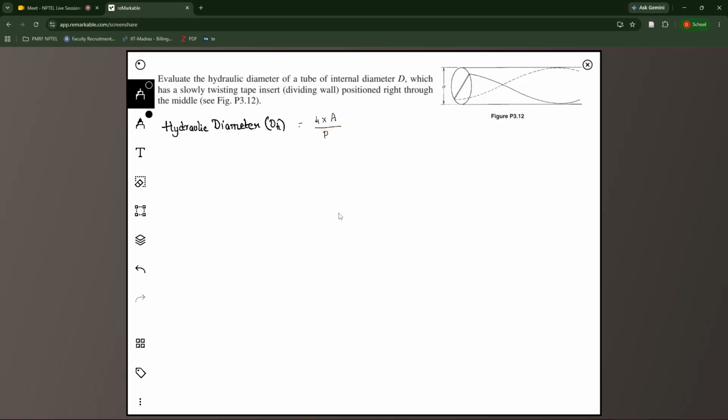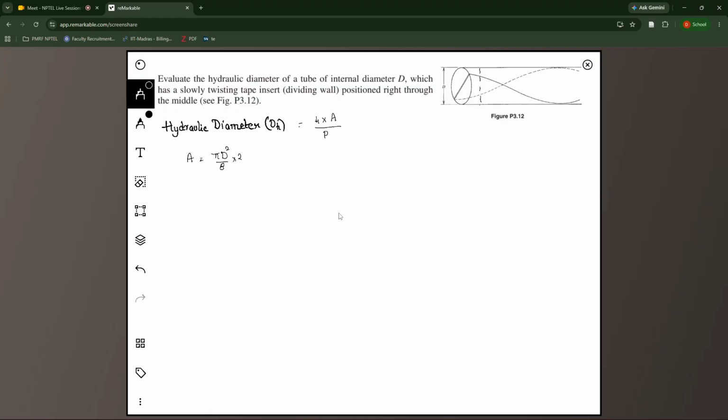You have to calculate the wetted perimeter at any given cross section. If I cut at any given cross section, the fluid touches different surfaces. You draw a contour for that, and from that you can calculate the perimeter. That is the wetted perimeter. In this particular problem, the area through which the flow is happening is the bottom and the top halves. So the area is basically pi d square by 8 into 2.